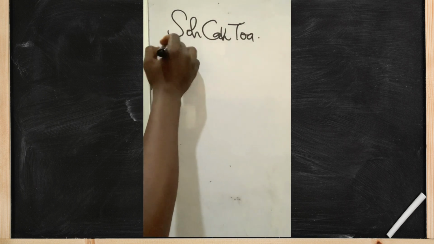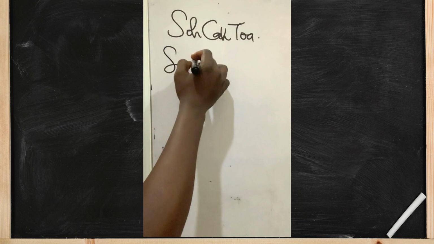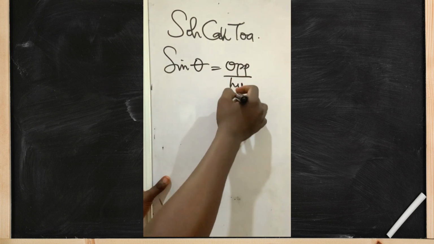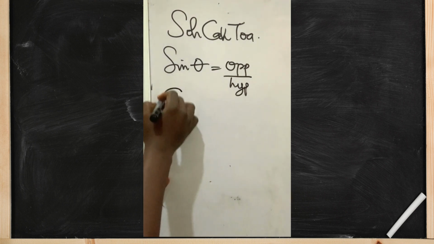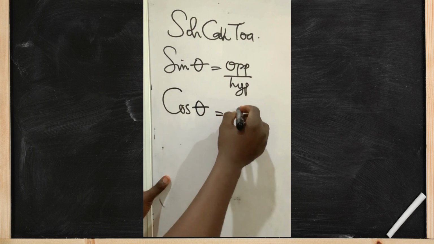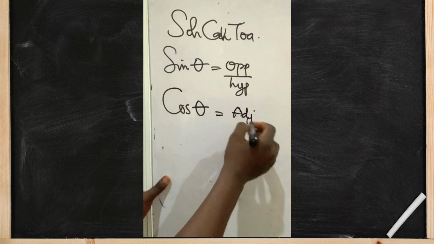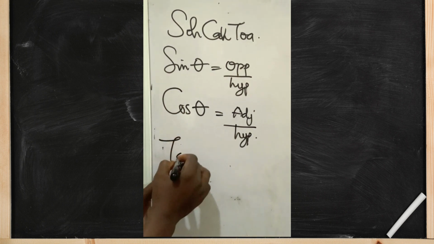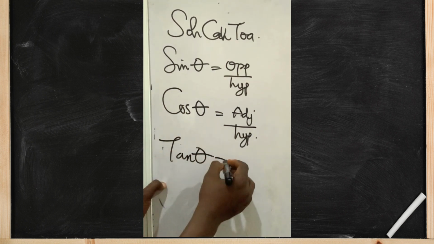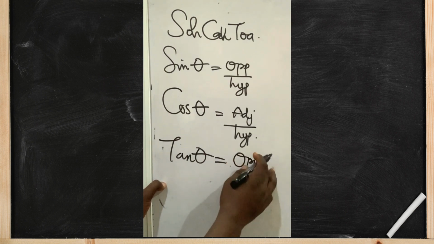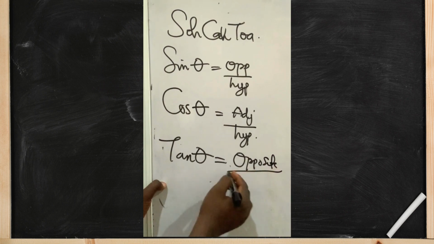Now, SOH simply means sine theta equals opposite over hypotenuse. CAH means cosine theta equals adjacent over hypotenuse. TOA means tangent, tan theta, equals opposite over adjacent.